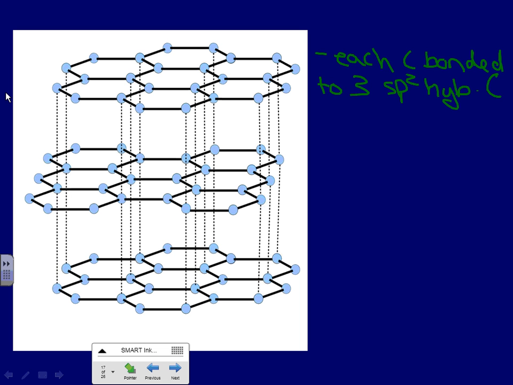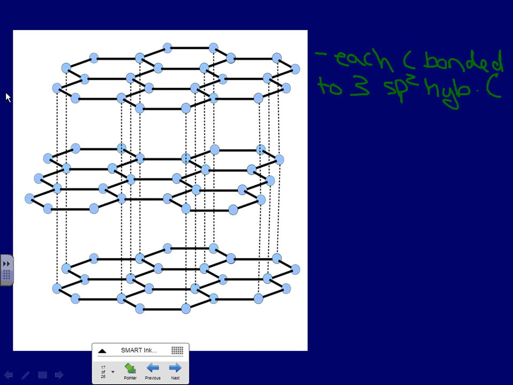That means that each one of these rings has 3 double bonds alternating. And the next ring beside it also has 3 double bonds alternating. And each one of these double bonds can have a resonance structure where the adjacent double bonds are in place, just like benzene.